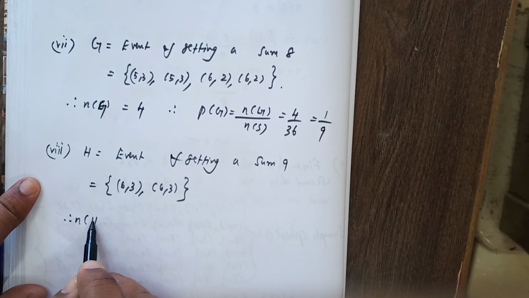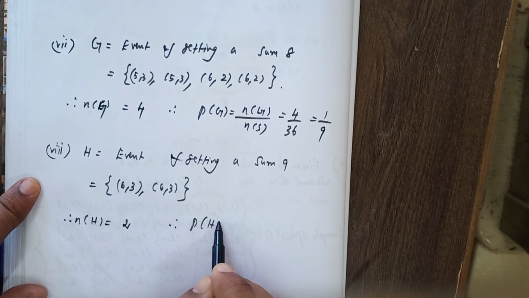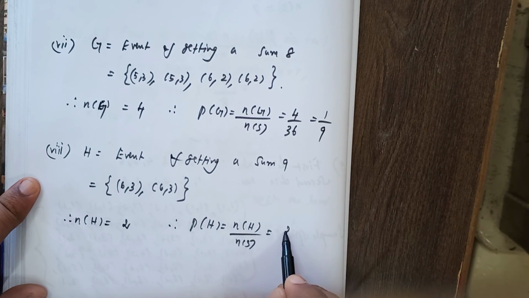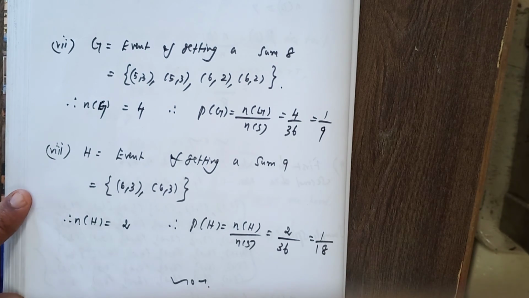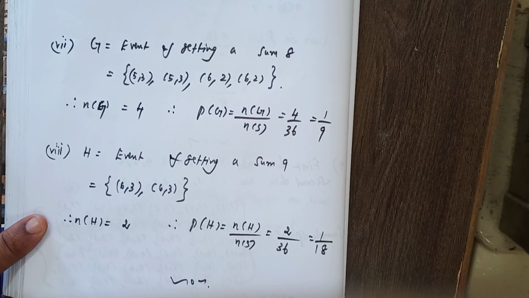Therefore n of H equals 2. Therefore P of H equals n of H divided by n of S, which is 2 divided by 36. If we divide, we get 1 by 18. That's all. Problem number 9 is completed. I'll be teaching problem number 10 in the next video. Thank you, children.